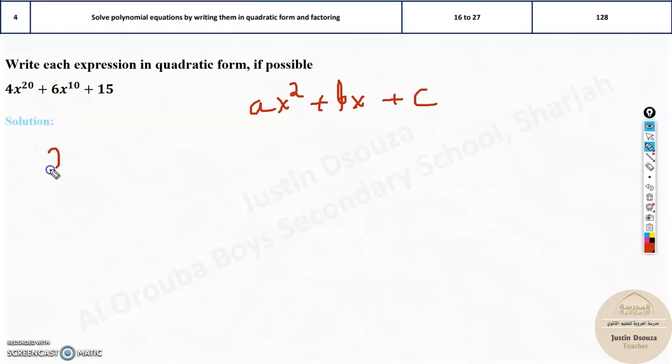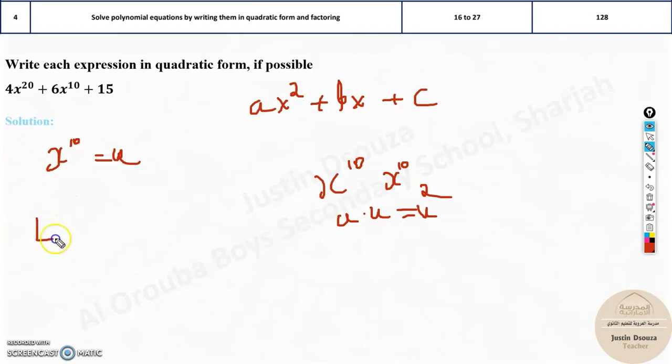But now I'll just tell you, if I write x to the power 10 is equal to u, what's going to happen? x to the power 20 can be written as x to the power 10 into x to the power 10, and this is basically u into u, that is u squared, right? So if I assume x to the power 10 as u, I can write it as 4u squared plus 6u plus 15.